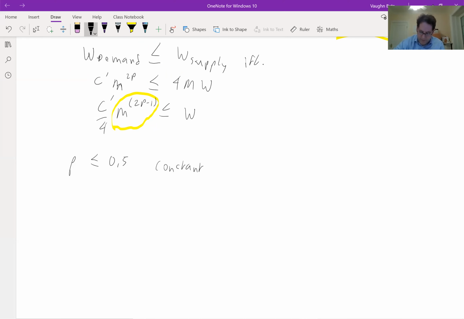If the Rent exponent is less than 0.5, we're okay with a constant W. Which means that we can keep making bigger and bigger FPGAs just by replicating this basic unit of a certain logic block and a certain number of routing wires that comes along with it, and it'll continue to route no matter how big we make it. We can make it 100 logic blocks, 1,000, 1,000,000, 1,000,000,000, whatever we can fit on the chip, and it's always going to route. So that's great.